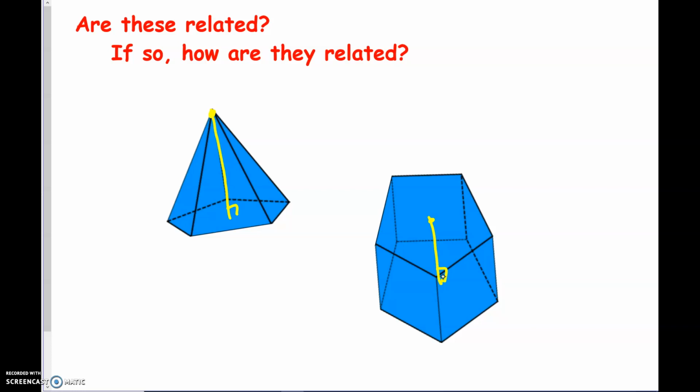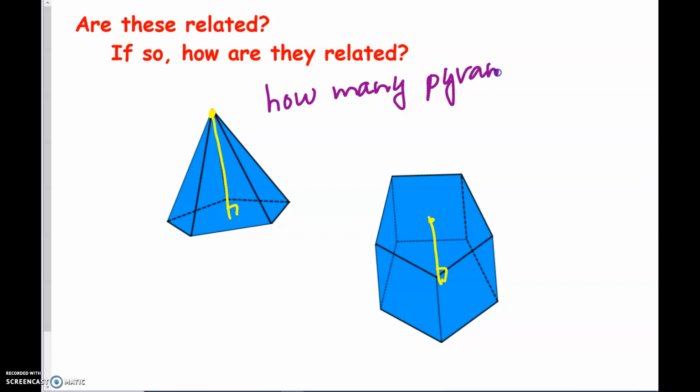But obviously the pyramid goes up to one point and only has one base, and the prism has two. So how are these related? In class, we would do a little experiment, and I would fill up the pyramid with water and pour it into the prism. How many pyramids filled with water would it take to fill up the whole prism?